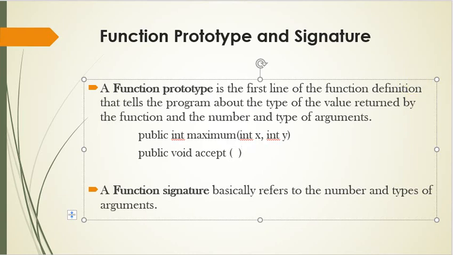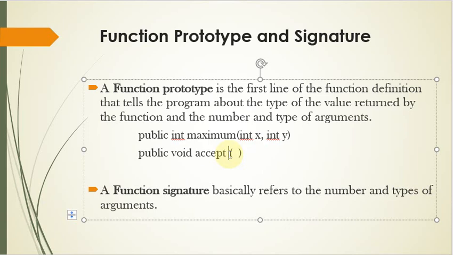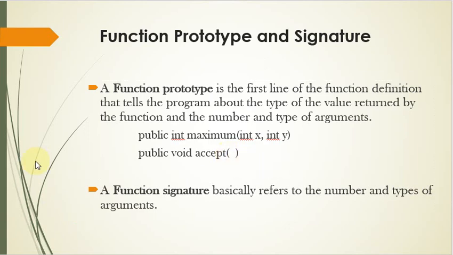So there are two functions specified here. One with a return type and accepting parameters: int is the return type and it's accepting integer parameters. And one function without a return type, because we have mentioned void, and it's also not accepting any parameter because the argument list is empty.